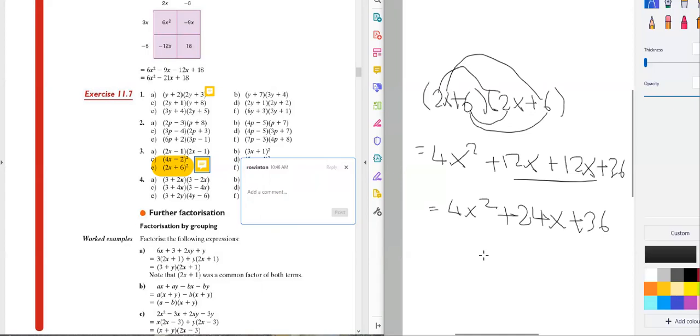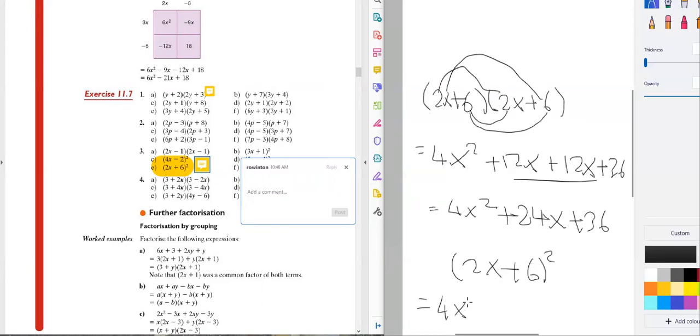I teach you another simple way. If you have this kind of question, let's say 2x plus 6 squared. Okay, I give you an easy way also. You can do this way if you like. Instead of doing this, the way is like that. The first digit you need to square. That means 2x you need to square, become 4x squared.